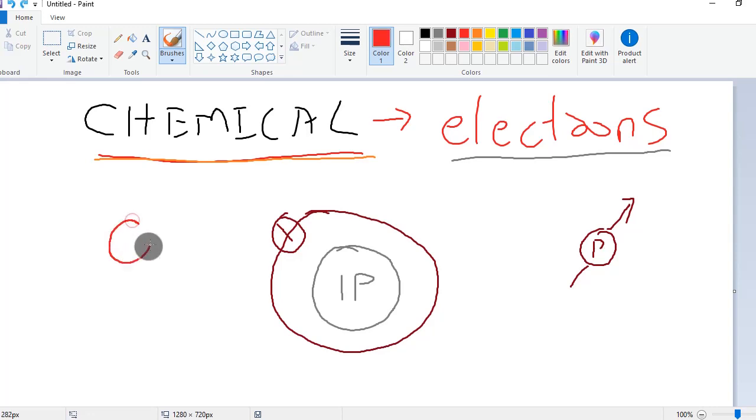Similarly, a moving electron will have a magnetic field of its own. If you notice, the arrow that I made for the proton and the arrow for the electron are different. The reason is that protons are positively charged whereas electrons are negatively charged, so whatever the magnetic field of the proton, the electron has exactly the opposite magnetic field.